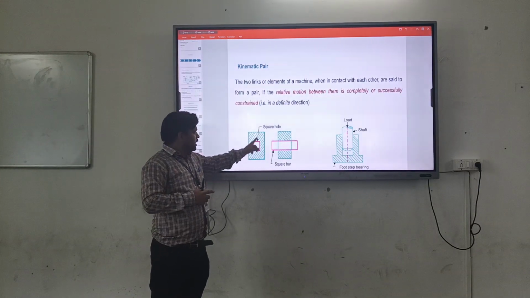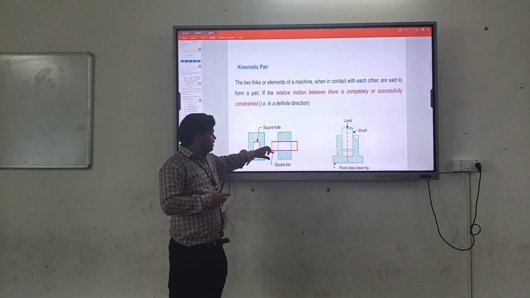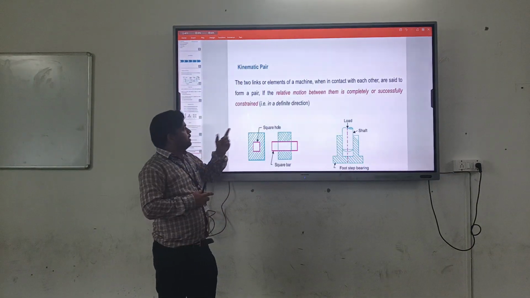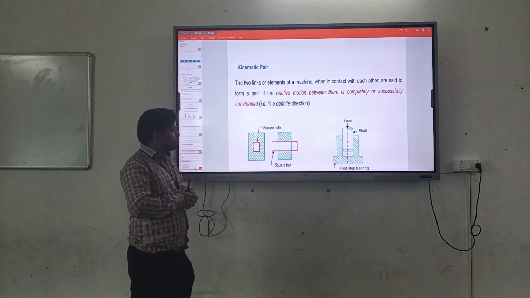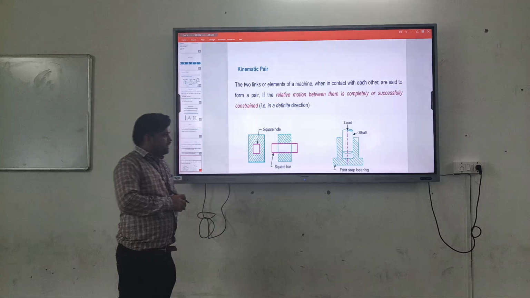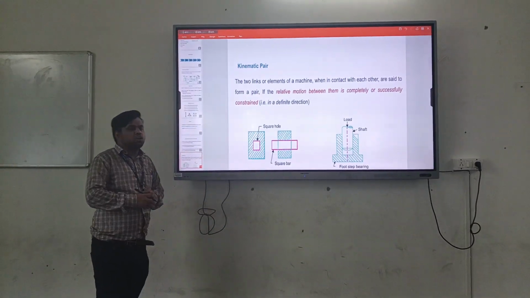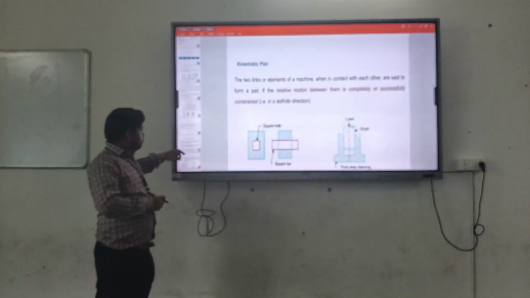Here a square hole and a square bar have definite motion, so it is a completely or successfully constrained motion. Similarly, the shaft in a footstep bearing is an example of completely or successfully constrained motion.